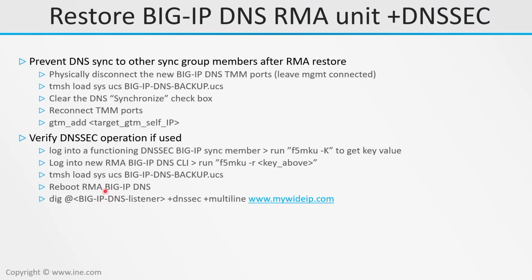Now, it's important to note that you want to install the key before you load the UCS. You're going to potentially run into configuration issues. And if there is a problem with loading the configuration, MCPD, the daemon, will fail to load properly, and you might need to clear some of the contents out of the configuration files to get it to load.